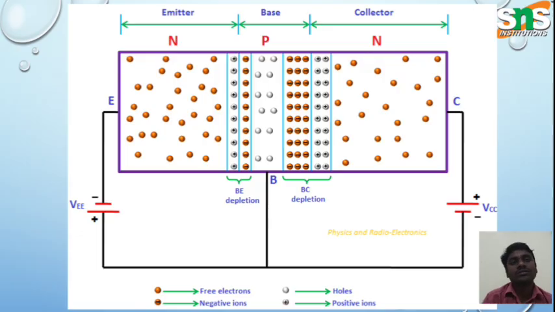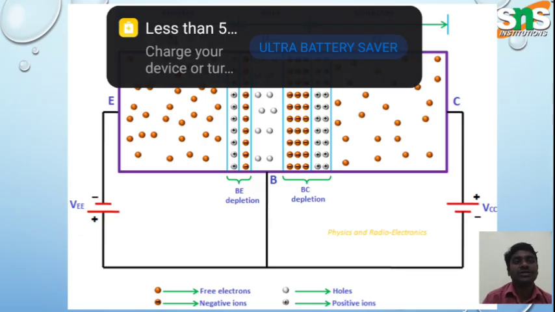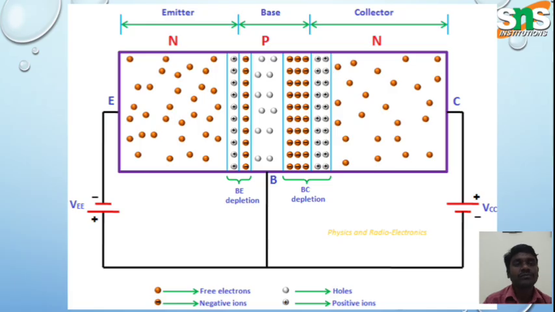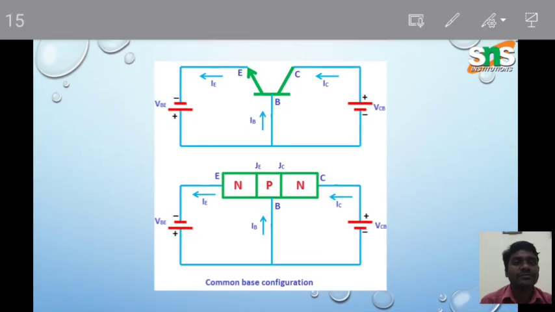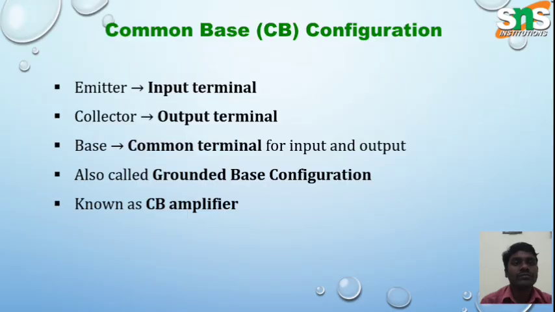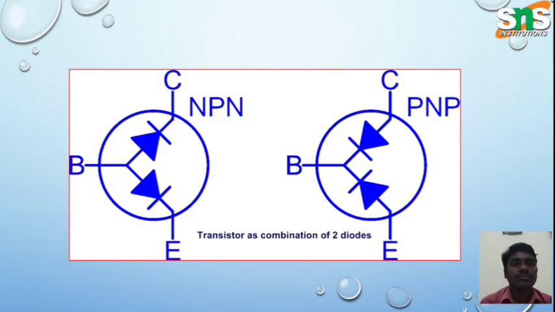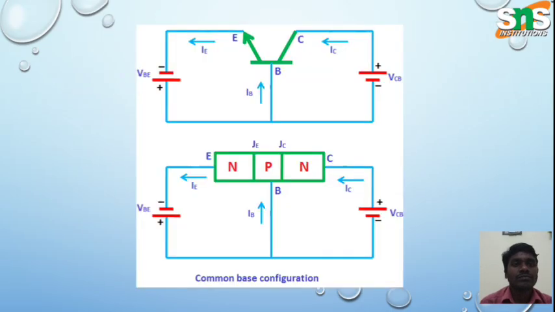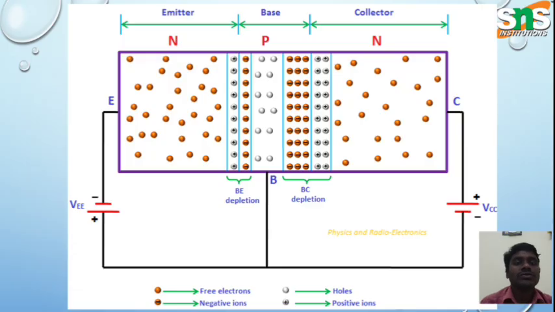The electrons are moving towards the positive ions. These electrons will also move towards the NP junction, the base emitter junction.